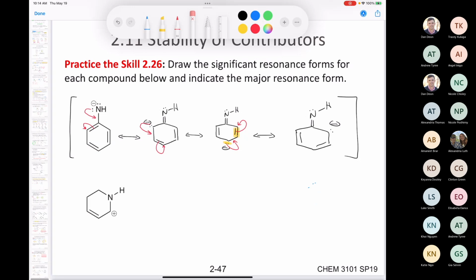I'm going to label these resonance contributors as A, B, C, and D. Could anybody tell me which one of these contributes the most to the overall resonance hybrid? Would it be A, B, C, or D based on the rules that we learned? We've got a negative charge.